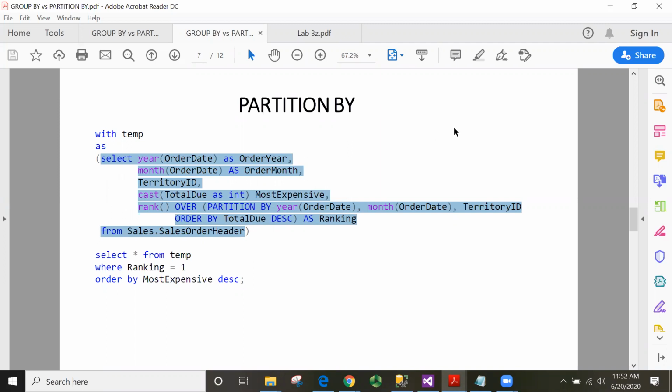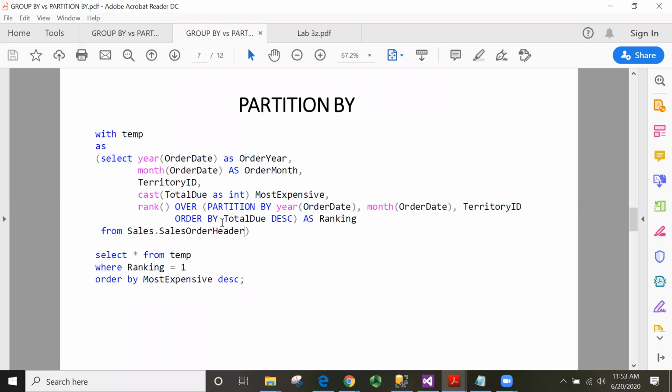So how do we identify the most expensive order? We need to do some sorting, right? And we learned about the SQL ranking function. I think that's a very good tool.